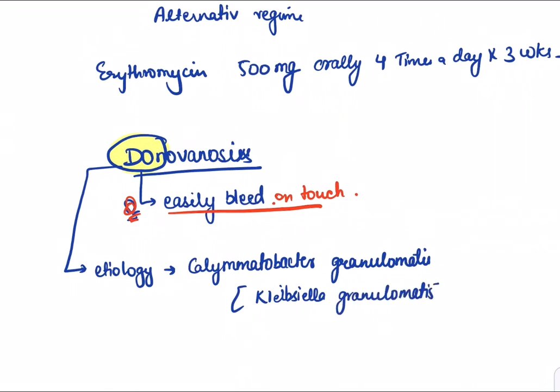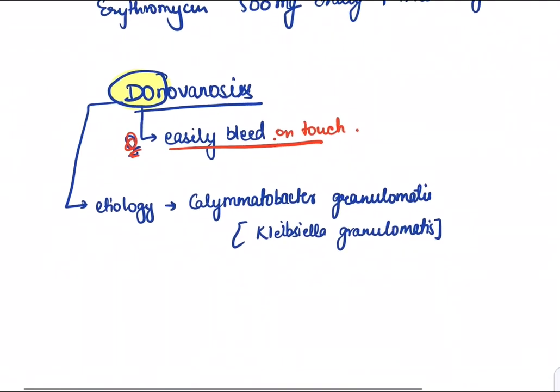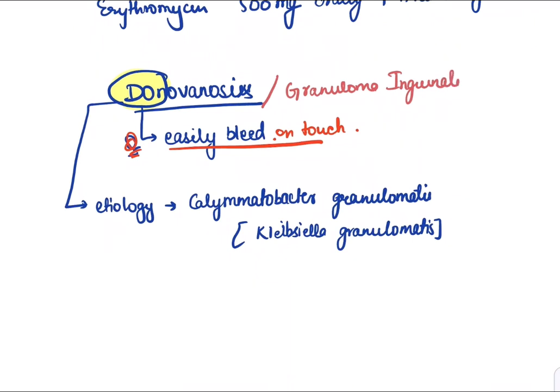This is the etiology of donovanosis. The other name for donovanosis is granuloma inguinale. Please remember, it is granuloma inguinale, while LGV is lymphogranuloma venereum. So it is granuloma inguinale, or we can say granuloma venereum.